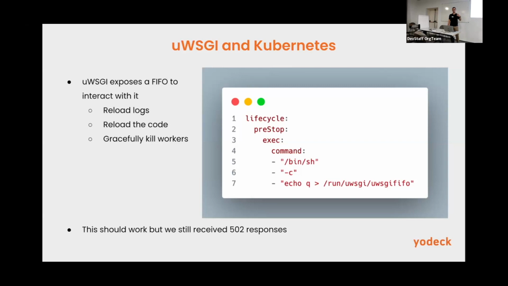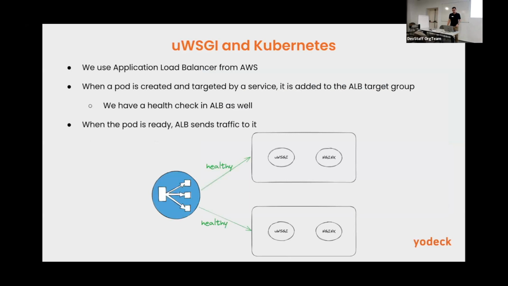We were still receiving some 502 responses. After some investigation, we realized that because we are using the load balancer provided by AWS, when a pod gets created, it is added to the target group of this load balancer.